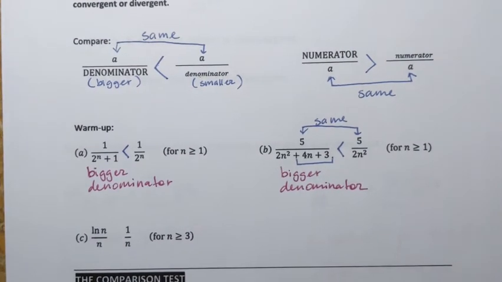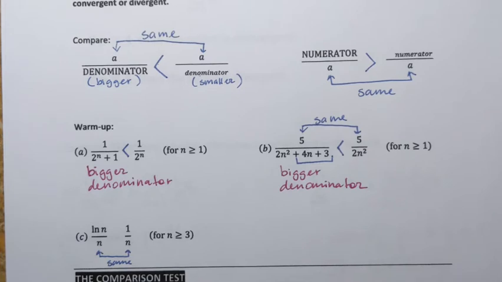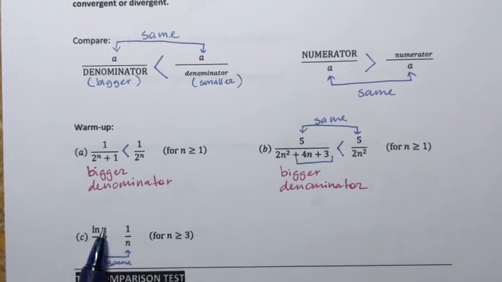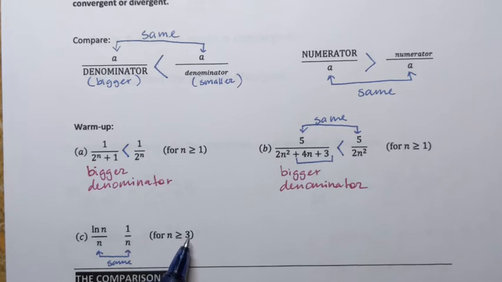And finally, example C. What can we say about those two? This time we have same denominators. So that means that we really need to compare the numerators. What can we say about ln n and then 1? We have to keep in mind that this is defined for n values that are greater than or equal to 3. And we know that as n increases, this quantity will increase. But what can we say about it at the smallest possible value of n, at 3?